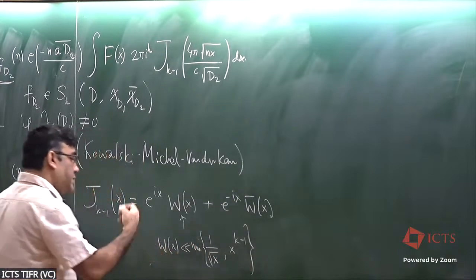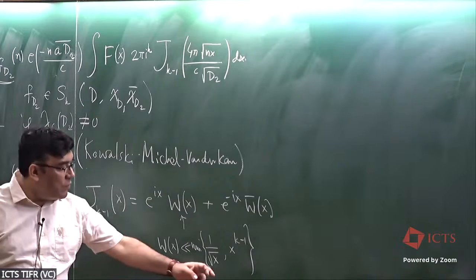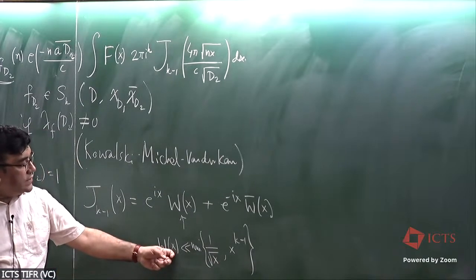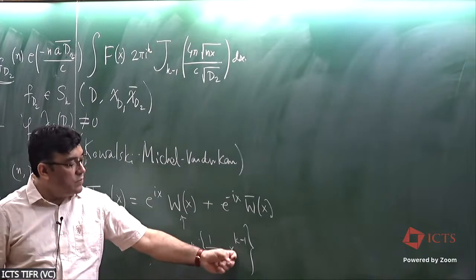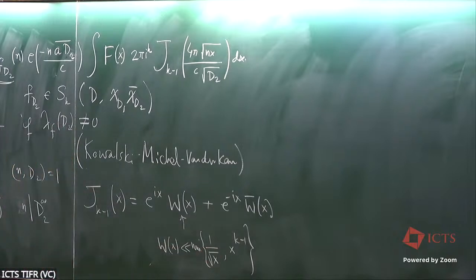Okay, so when x is larger than 1, then it is bounded by 1 by root x. And if x is smaller than 1, then it is smaller than x to the power k minus 1, where k is the weight of the form. Right? So that's what you need.